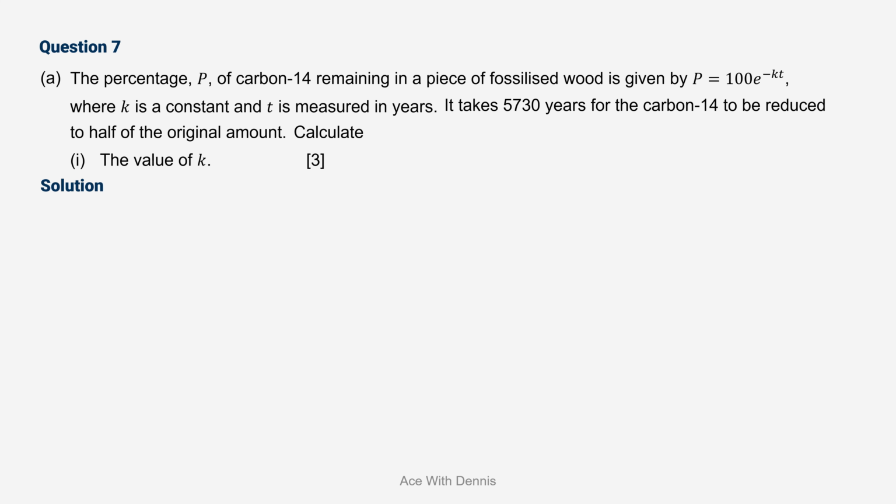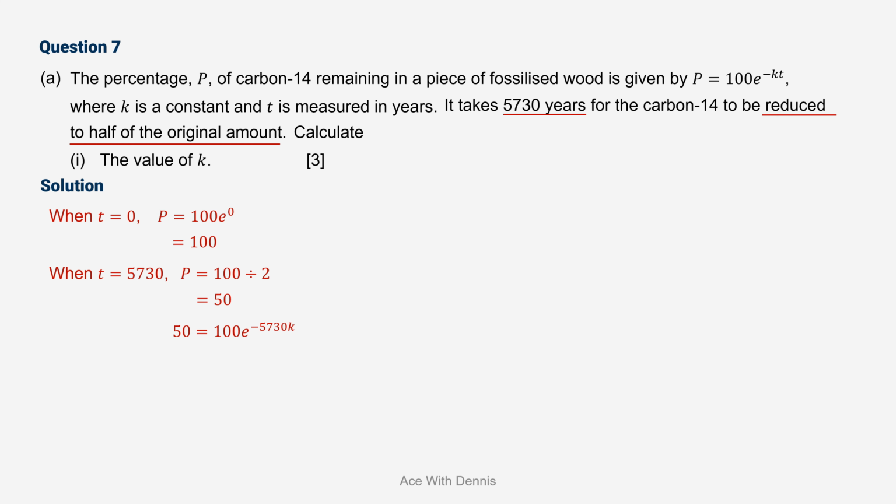To find the value of k, the first thing we need to do is find the original amount when t equals 0. When t equals 0, P will be 100 times e to the power of 0, which is 100. Given that it takes 5,730 years for the carbon-14 to be reduced to half of the original amount, when t equals 5,730, P will be 100 divided by 2, which is 50.